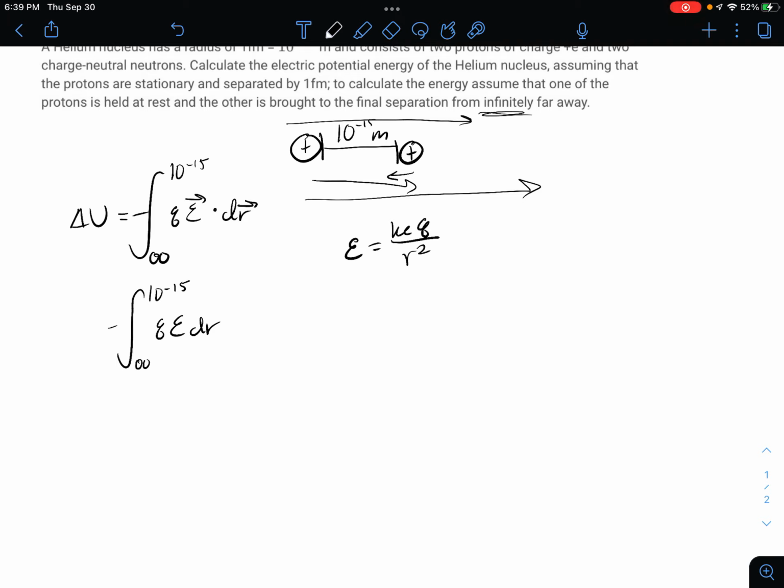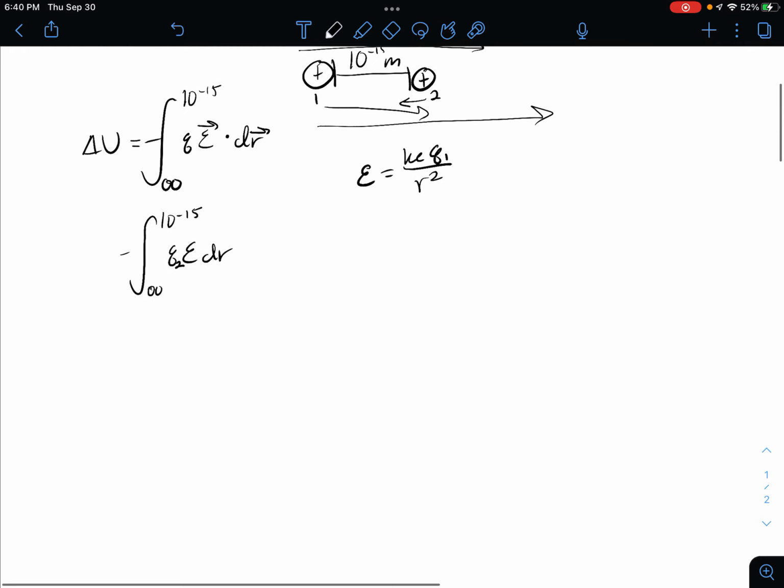It's important to note, this Q here is the charge of this proton, which I'm going to call 1 and 2. It's going to be Q1. And the Q over here is the charge of this proton. Well, the charges are the same, but if they weren't, we'd have to keep this straight. But that's Q2 there.